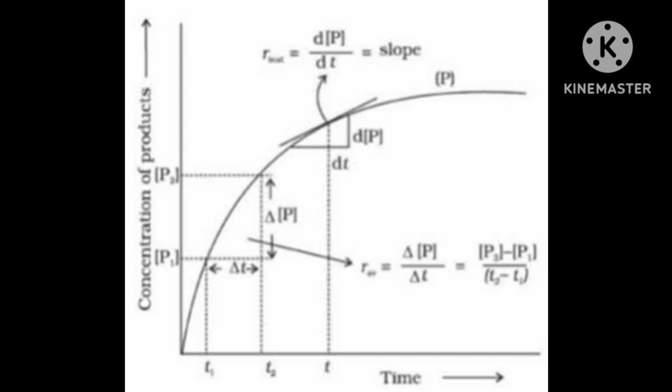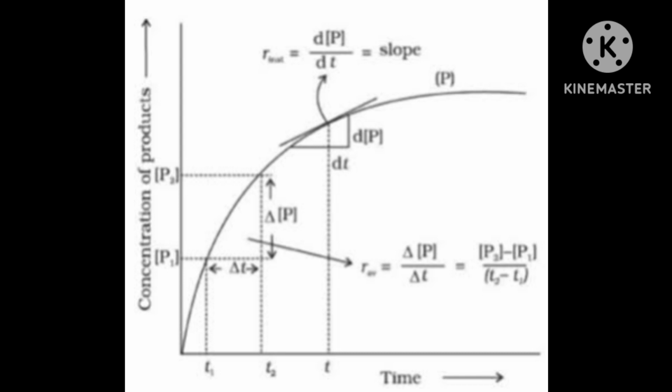But actually minus is the decrease and plus is the increase for the product. If you want to express it in positive terms, multiply by -1, otherwise leave it. Now you can understand this by a graph also.